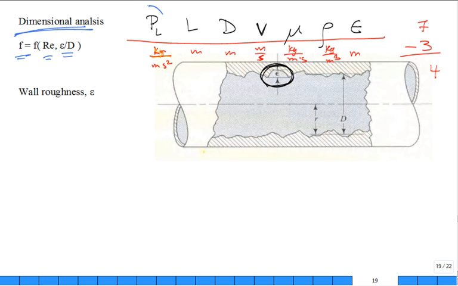I'm going to build around the pressure. I'm going to build around this one because I know it's going to give me the Reynolds number. And I'm going to build around the relative roughness. Okay. So let's go ahead and do the pressure.